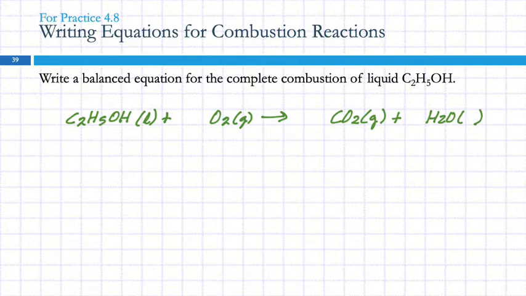The H2O, though, usually H2O is a liquid. But is this going to be a cold or room temperature situation? No, we're burning something. It's going to get warm, if not hot. So the water that's produced is going to be in the gas state.